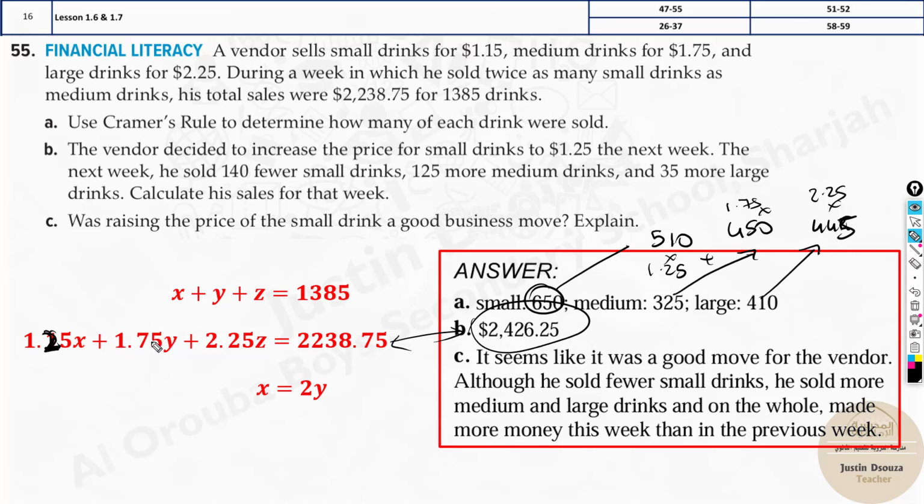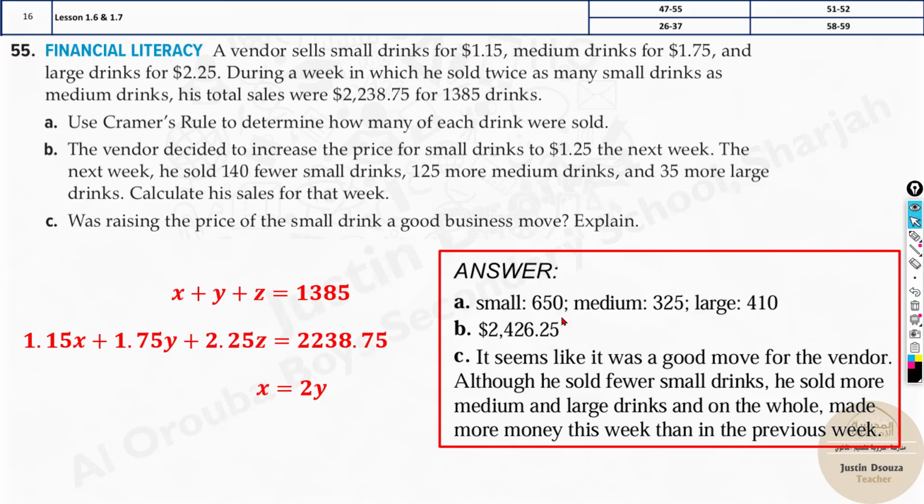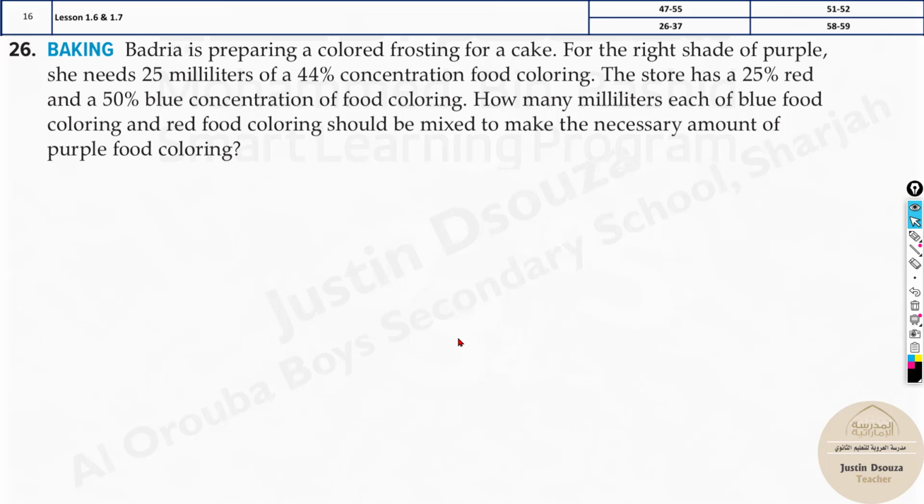Just by 50 cents more you can get 1.75. So many moved towards the medium drink and he earned more revenue, to be honest. So it was a good move over here. Although fewer small drinks were sold, the other two were sold more and he got more profit. So that is the answer. We were just analyzing and solving.